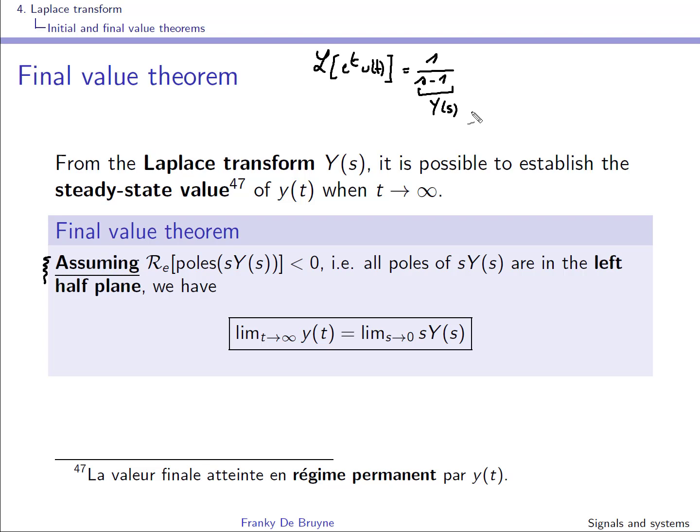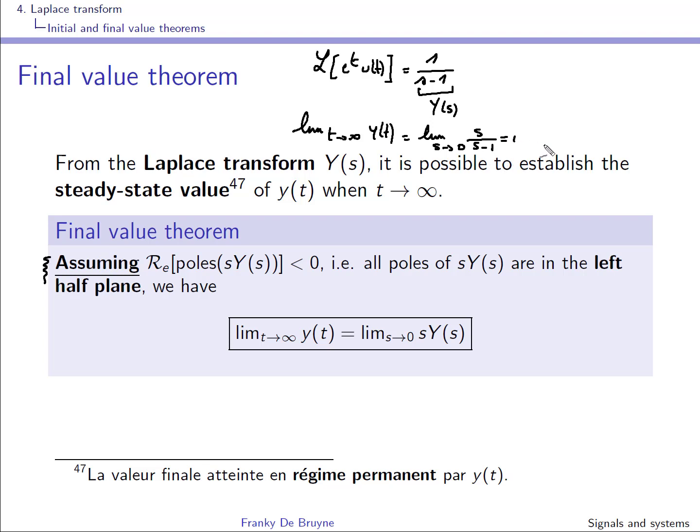So for instance, if we would use it over here, we would have that the limit as t tends to infinity of y of t is the limit of s tending to 0 of s times y of s, so it's s over s minus 1, and it is 1.